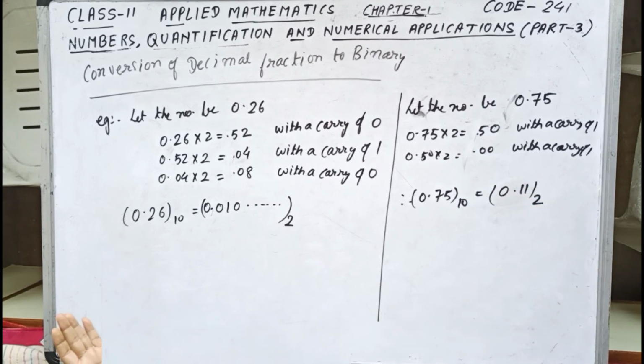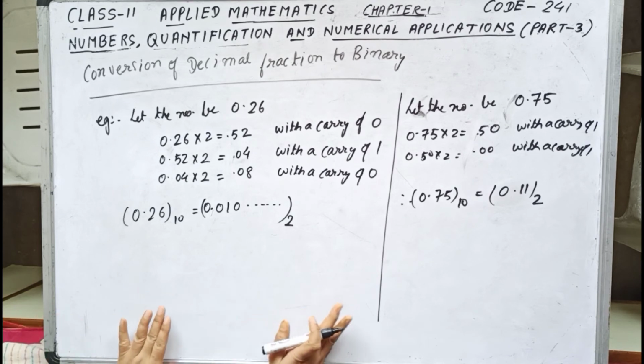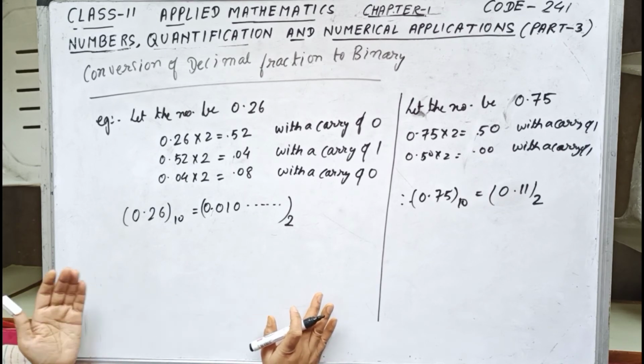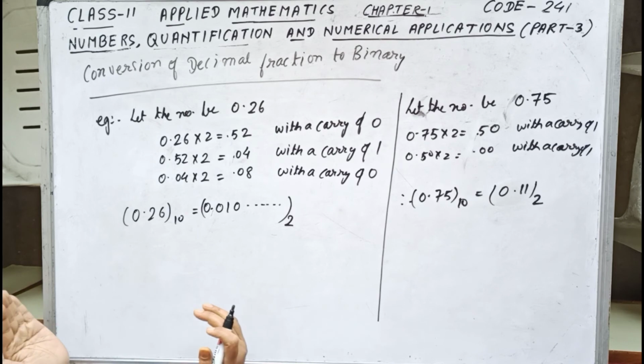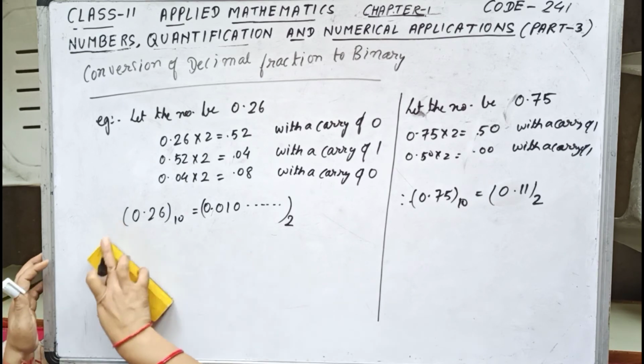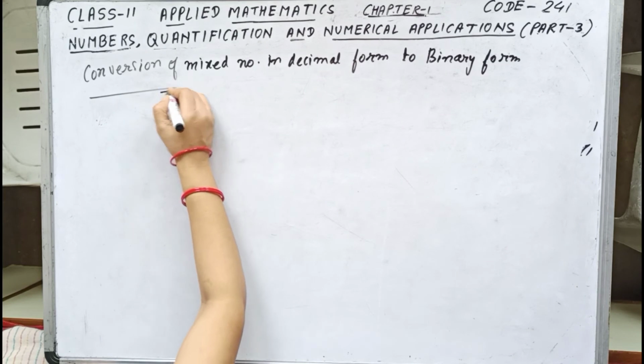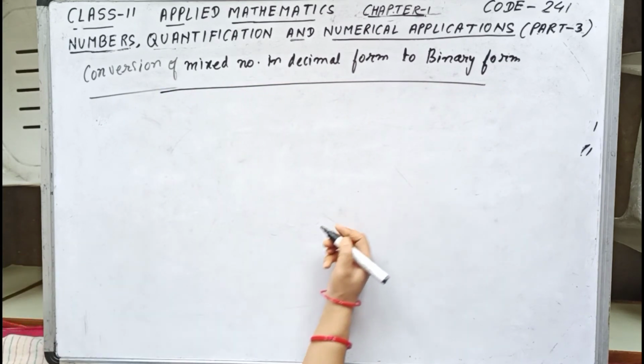Okay, now let us do one example which is a mixture of the integral part as well as the decimal part. That is a conversion of a number in mixed form from decimal number system to binary number system. Conversion of a mixed number in decimal form to binary form.